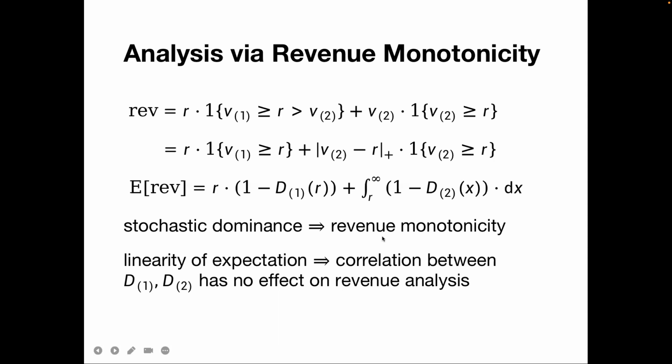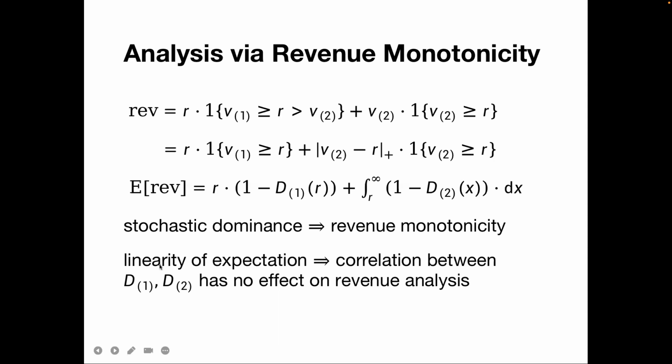I mean, suppose we are given two groups of distributions. If the first group's first order and second order CDFs dominate the second group's CDFs, then the expected revenue from the first group will be higher than the second group's revenue.